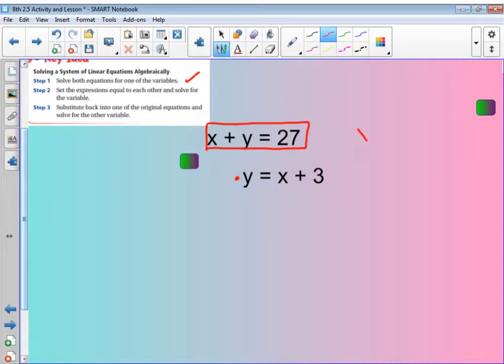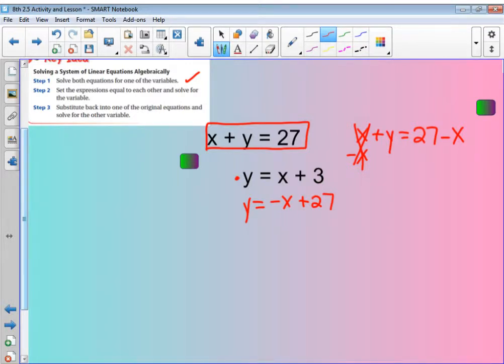Right now I have x plus y equals 27. To get it to say y equals, we have to get rid of our x. So minus x, minus x. When I rewrite it, I'm just going to write it below this one. I have y equals, put my x first, negative x, plus 27, just in case I were to want to graph this.